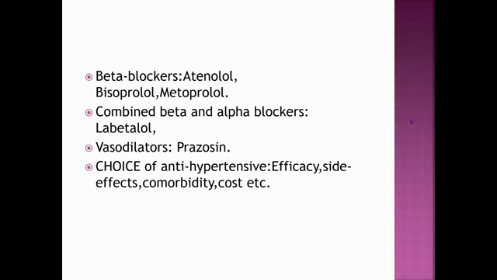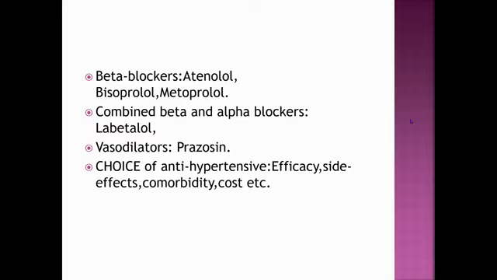Now, what are the initial things you have to think about in your mind? How will you choose an antihypertensive drug? There are so many antihypertensive drugs available and so many classes. No one is unique, so you have to select for every patient individually. The choice of antihypertensive includes, number one, efficacy; it should be highly effective.